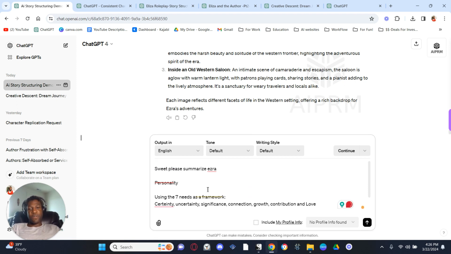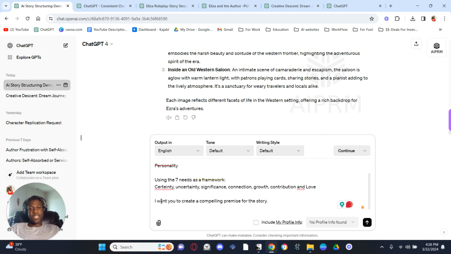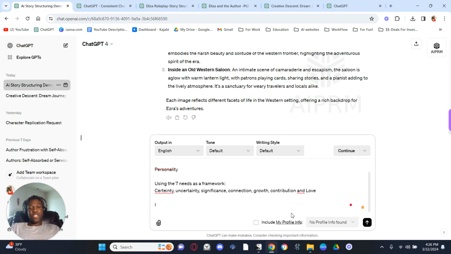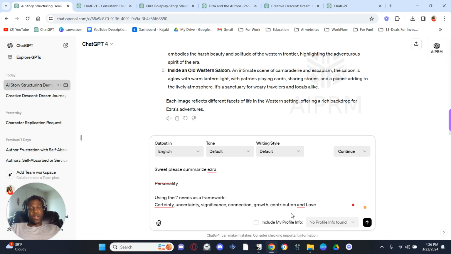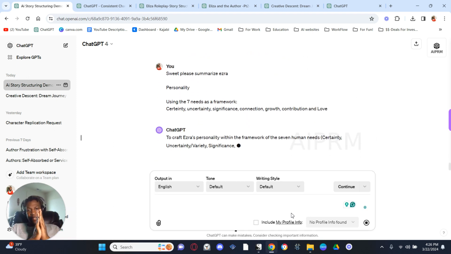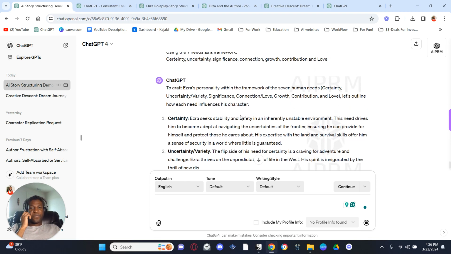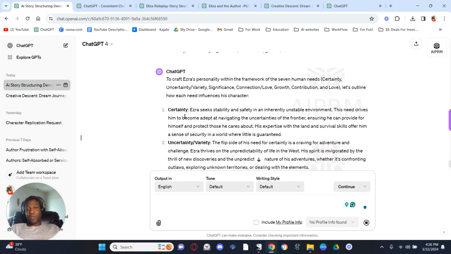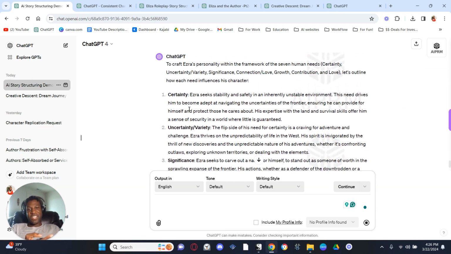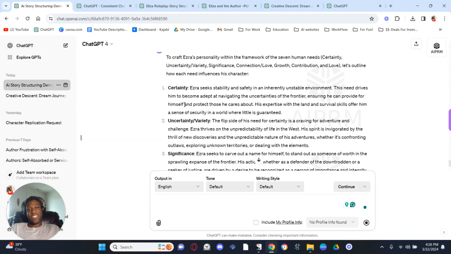So I've asked ChatGPT to do a few things. I've asked it to summarize Ezra's personality, using the seven needs as a framework. We're first going to decide what his needs are. Like most people, Ezra has a needs hierarchy, and it's right there.